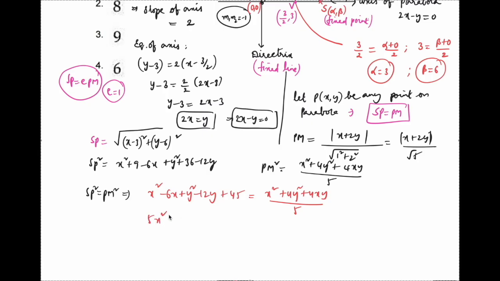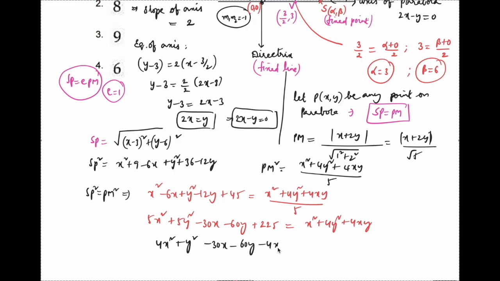By cross multiplication, 5x square plus 5y square minus 30x minus 60y, and here 45 times 5 is 225, is equal to x square plus 4y square plus 4xy. So bringing to one side, 5x square minus x square is 4x square, and 5y square minus 4y square is plus y square, and here minus 30x and minus 60y, and minus 4xy, plus 225 is equal to 0.